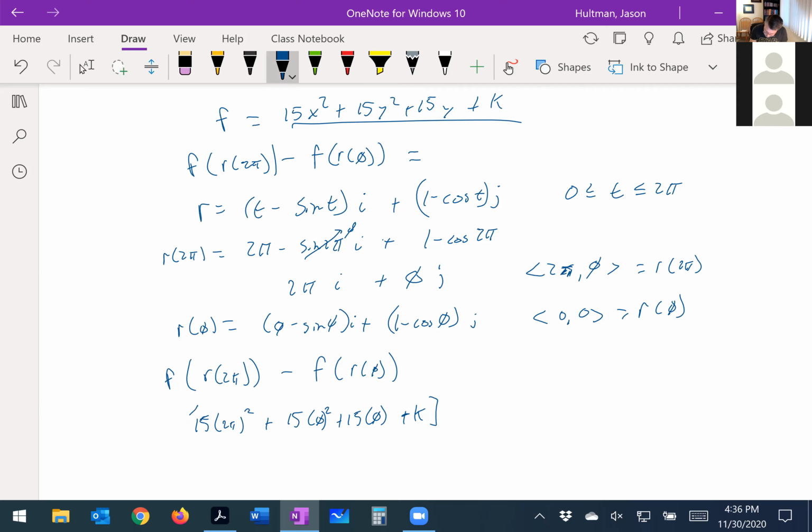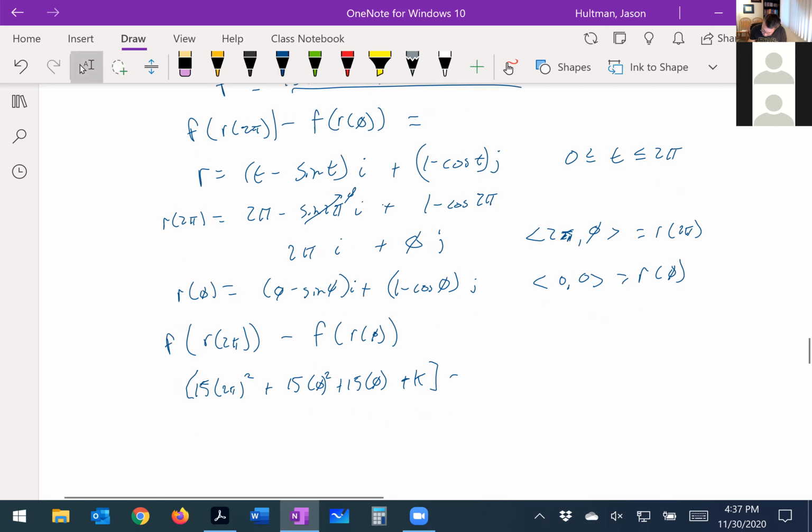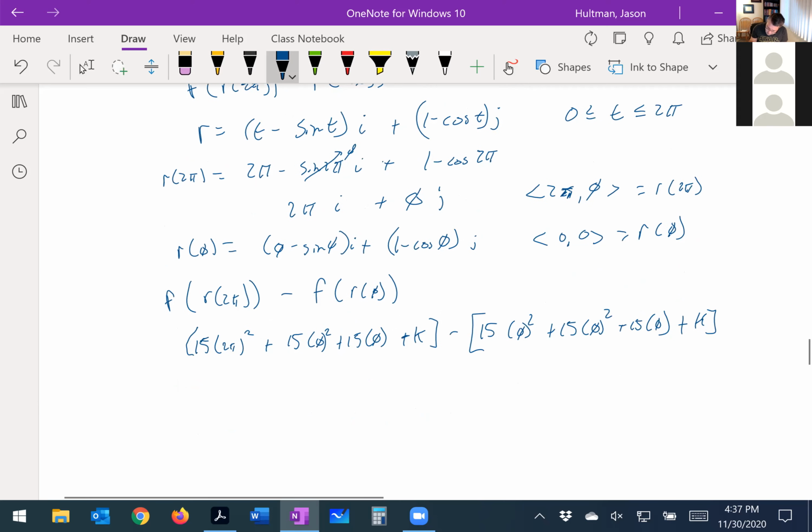Minus the second one, which is 15 times 0 squared, this whole thing's just going to go to 0, plus 15 times 0 plus k. The k's are going to cancel, k minus k, 0. The only thing that survives is 60 pi squared.